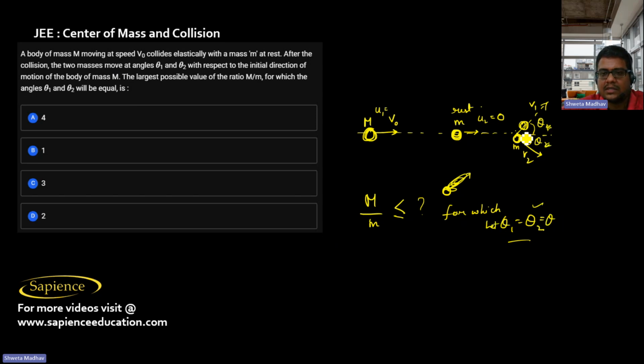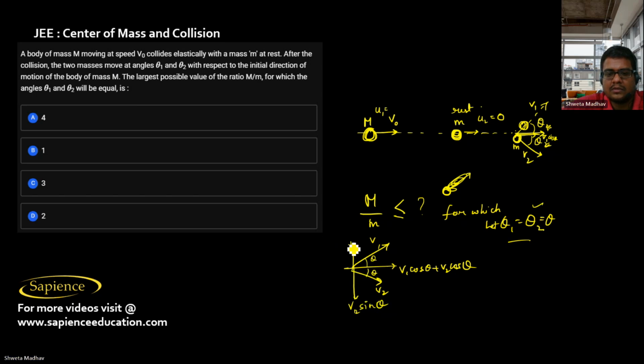Then this will be v1 cos theta, and this will be v2 cos theta, and along y this will be v2 sin theta and v1 sin theta. This is mass capital M, and this is mass small m.